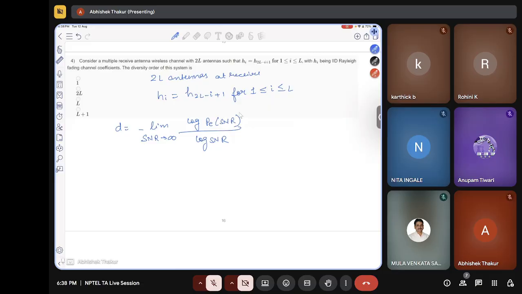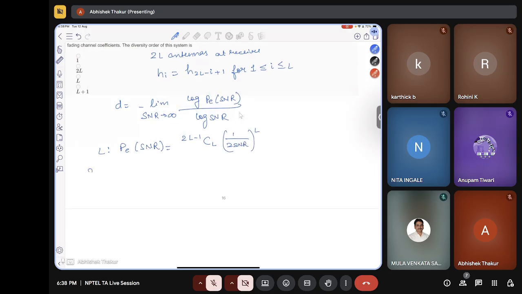Here, for L antennas, the probability of error is given as (2L minus 1 C L) times (1 by 2 SNR) to the power of L. Now for 2L antennas, L becomes 2L, so it becomes (4L minus 1 C 2L) times (1 by 2 SNR) to the power of 2L.